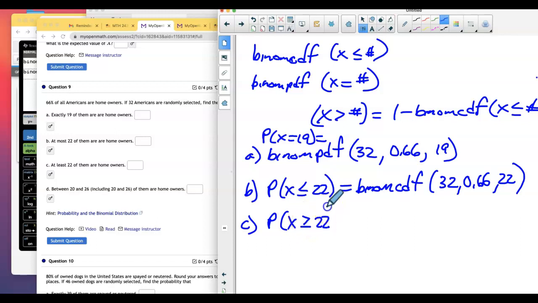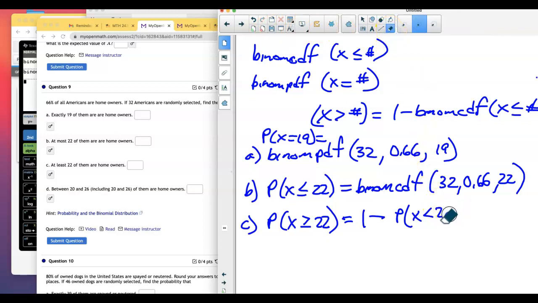Now C is the probability that x is at least 22, so that's greater than or equal to 22, right? At least 22, so 22 or more. Now that one we're going to have to change to a less than or equal to, so that one's going to be equal to 1 minus the probability of x being less than 23. No, it's not 23, because we want it to be complementary.